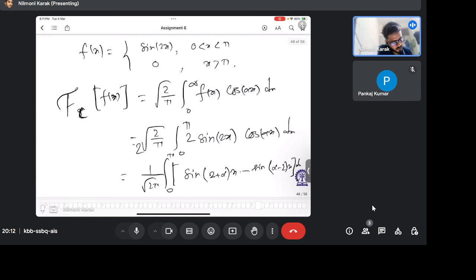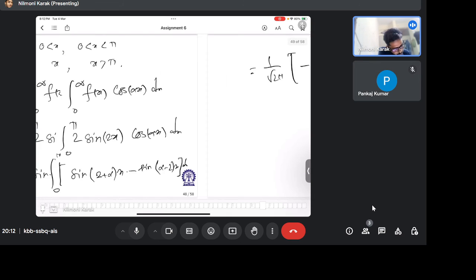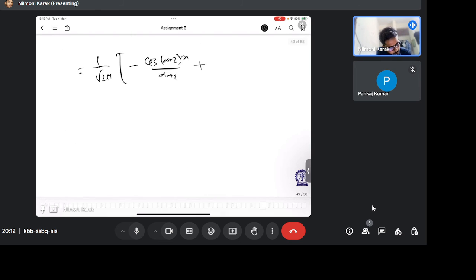Now you can integrate easily. The integration of sin is minus cos, so minus cos(alpha + 2)x divided by alpha + 2, plus, since the minus was already there, plus cos(alpha - 2)x divided by alpha - 2, from 0 to pi, times 1 by root 2 pi.